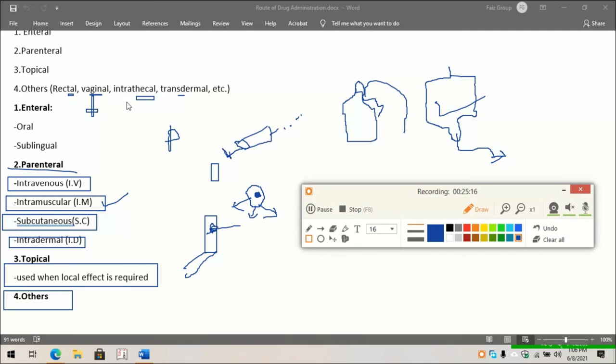And now let's move to the intrathecal or intraventricular. The blood-brain barrier, that is BBB, typically delays or prevents the absorption of drugs into the central nervous system. So what is the BBB?